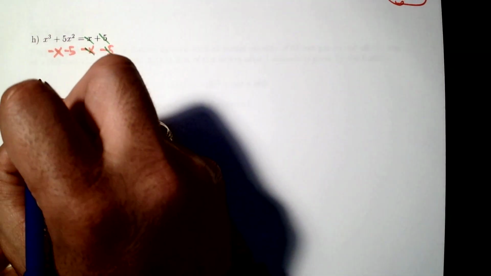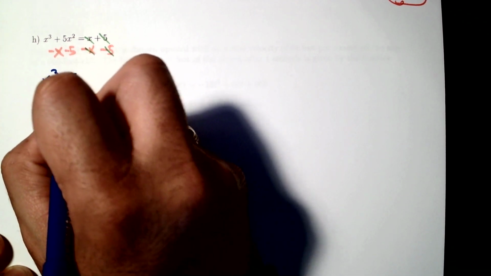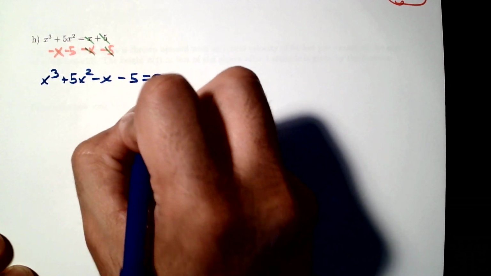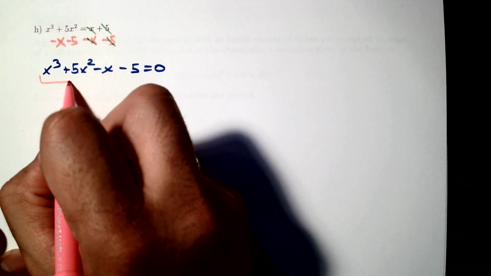Cancel, cancel, cancel, cancel. X cubed plus 5x squared minus x minus 5 equals 0. That's what we're going to be left with on the left hand side. Because we have 4 terms, that is correct. Factor by grouping.